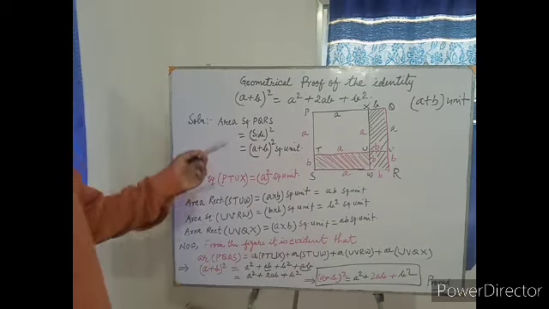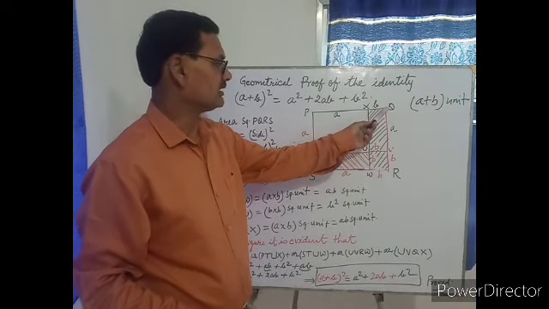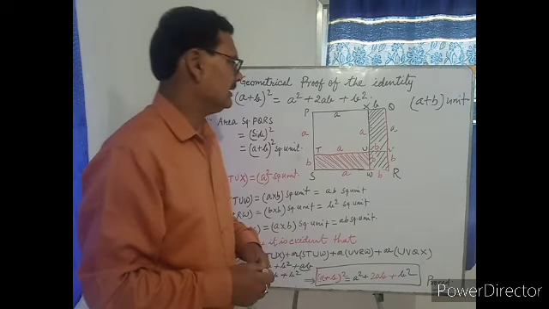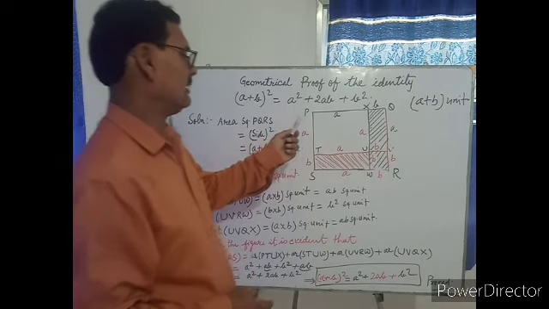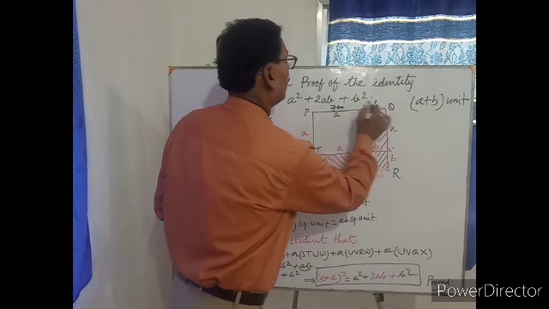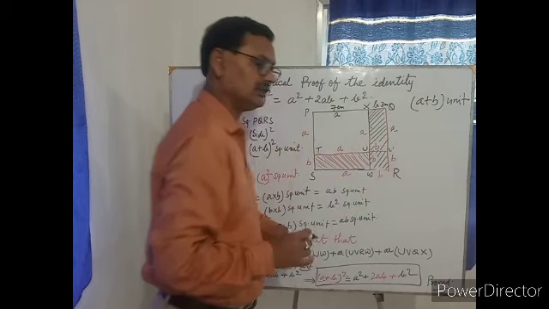Let us suppose the side of the square is 10 centimeter. Then a is equal to 7 centimeter and b is equal to 3 centimeter.